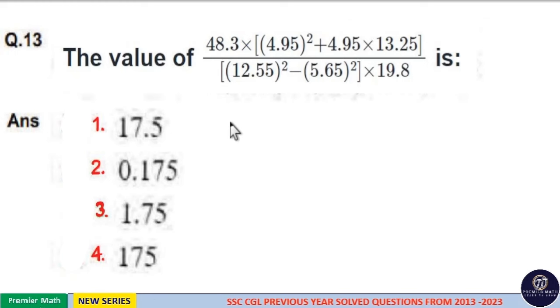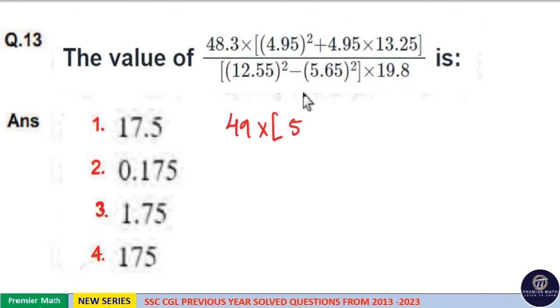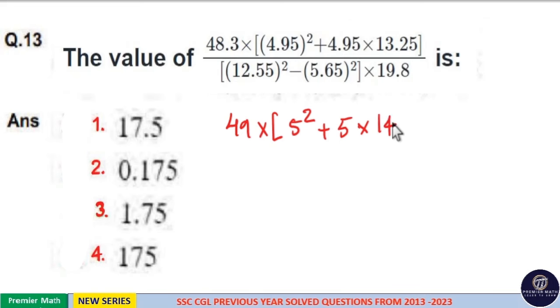Now, here 48.3, I will take it as 49 into here 4.95, I will take it as 5. So, 4.95 square means 5 square plus 4.95, I will take it as 5 into 13.25, I will take it as 14.